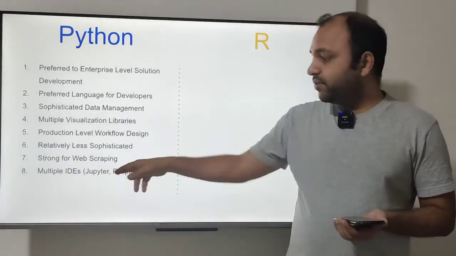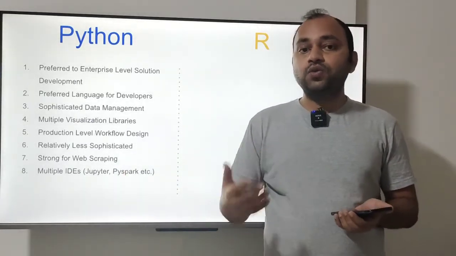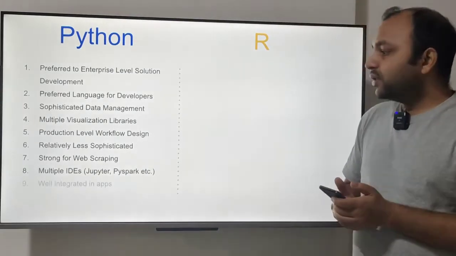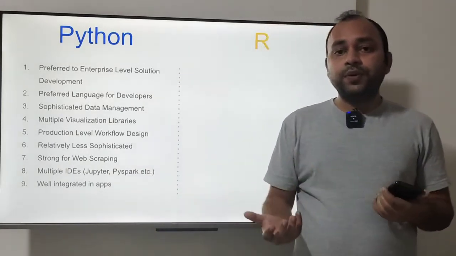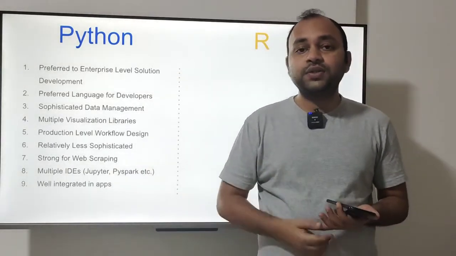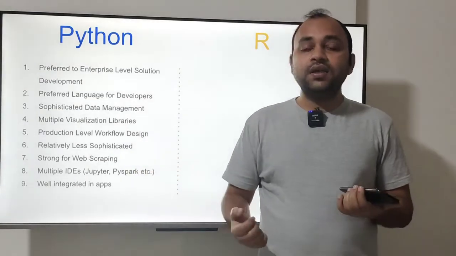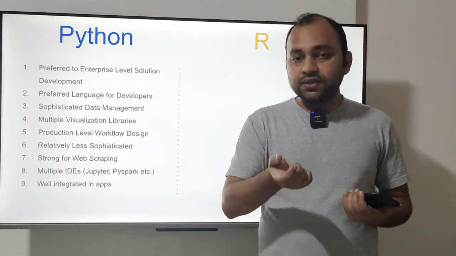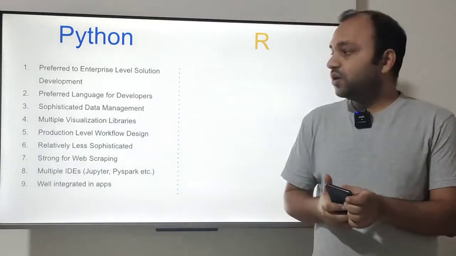These are the main two which I use, but you have many others in which you can do development for Python. Then it can be well integrated in apps or in other programming languages. For example, if you are using, let's say, JavaScript, you can integrate it very easily for doing some specialized task which you can achieve with the help of Python as a programming language.